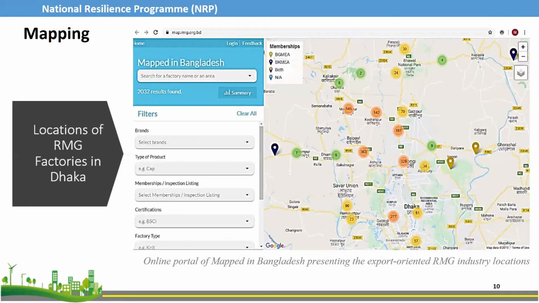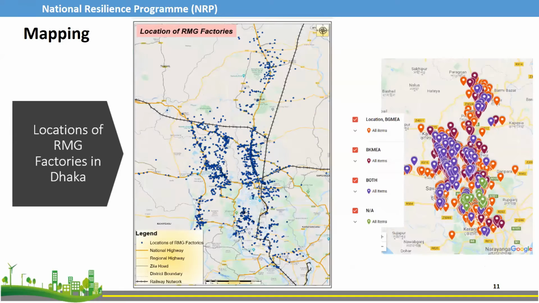There is an online portal map of Bangladesh that identifies many of the RMG factories, mostly in Dhaka and Chittagong. But as it was in Google Maps, for our analysis we had to convert everything into a GIS map.